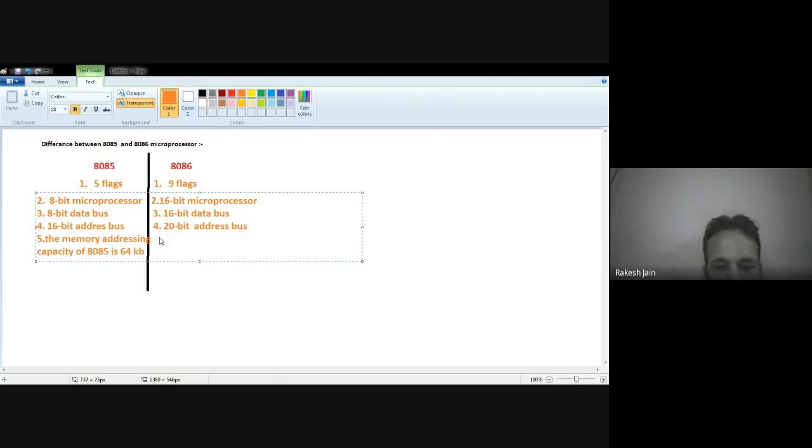But in the 8086 microprocessor, the memory addressing capability is 2 raised to the power 20. It depends on the number of address bits, so here 20, so 2 raised to the power 20, that is 1 megabyte. That is a large number for memory addressing capability.